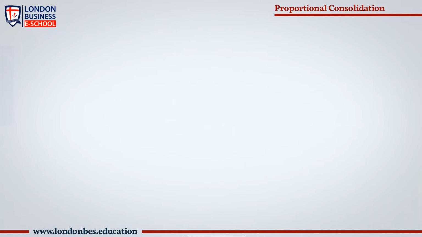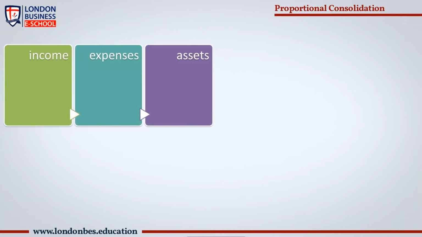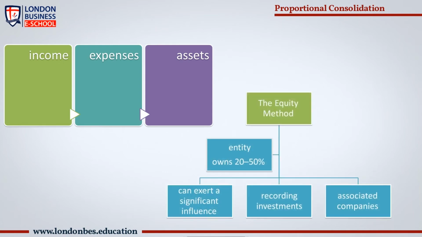It was a method of including income, expenses, assets, and liabilities in proportion to a firm percentage of participation in a joint venture. Though the IFRS previously accepted the proportional consolidation method, it also allowed the equity method. Under the U.S. Generally Accepted Accounting Principles, GAAP, a firm interest in a joint venture is accounted for using the equity method.